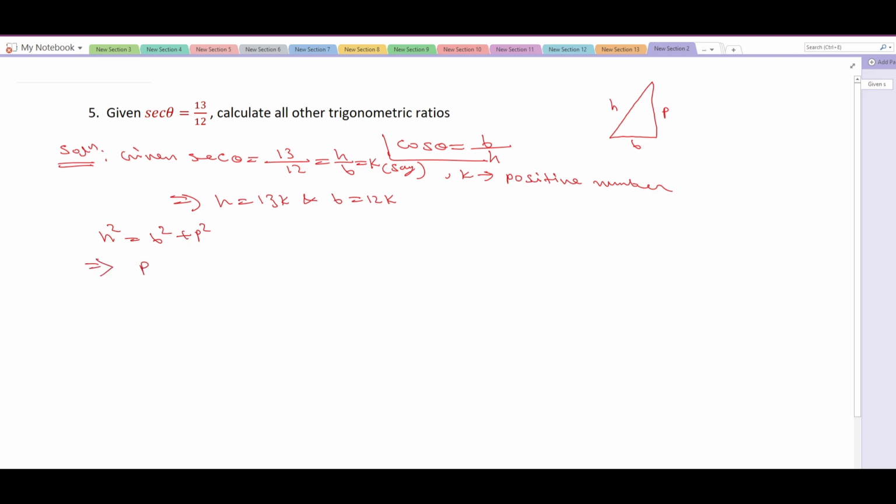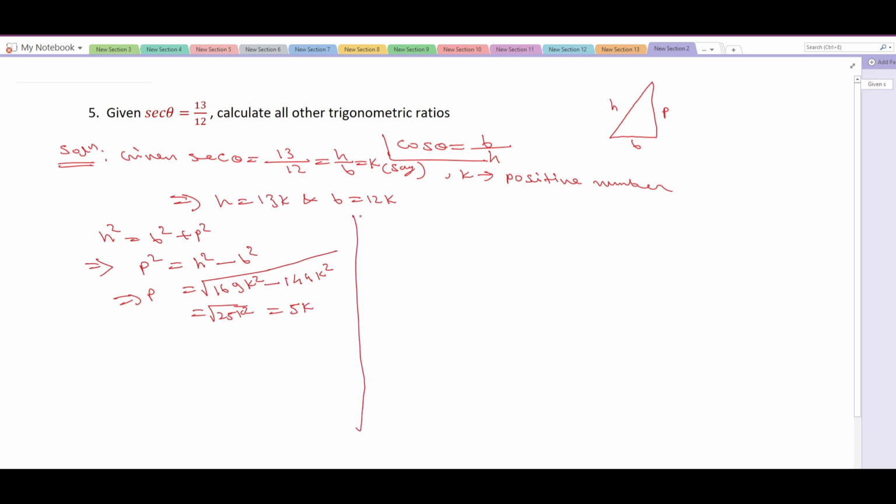From this we have P square equal to H square minus B square, P equal to root over 169k square minus 144k square. This is equal to root over 25k square, equal to 5k.